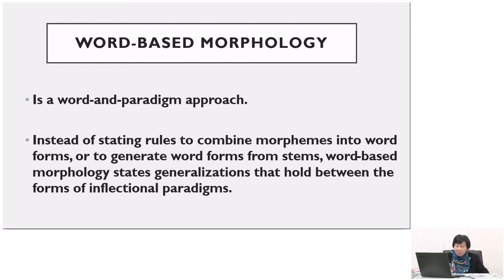word forms. According to the lexeme, we have to understand the rules that combine the morphemes into word forms. For example, shipper, that I mentioned before, comes from ship and -er.